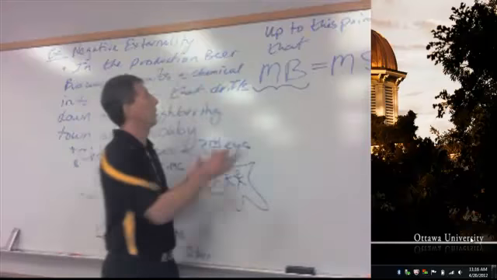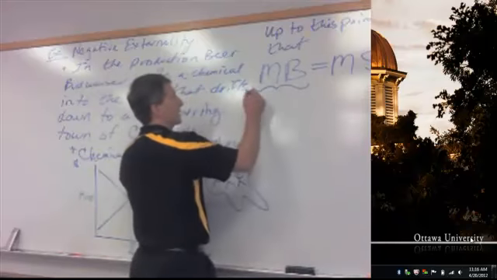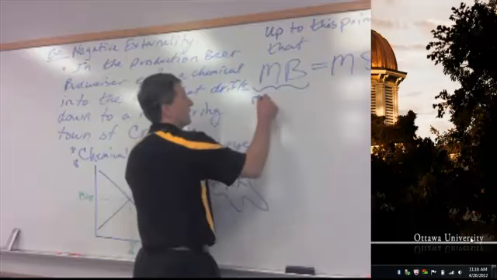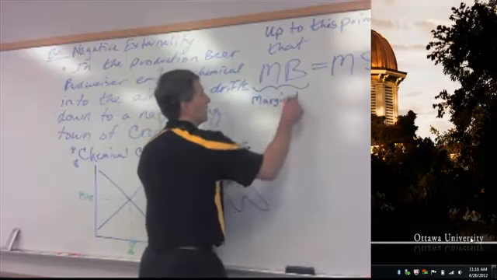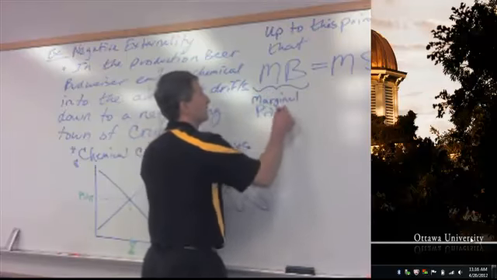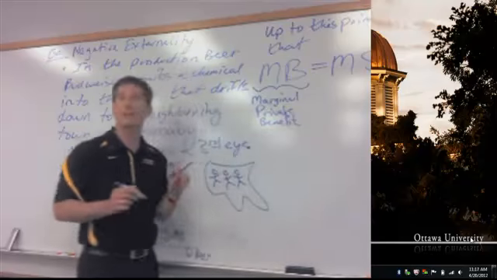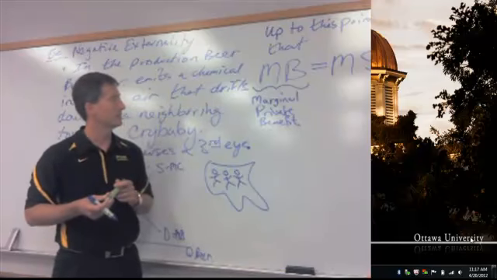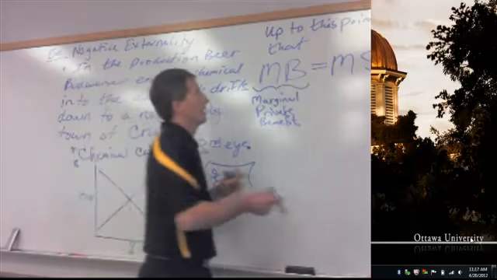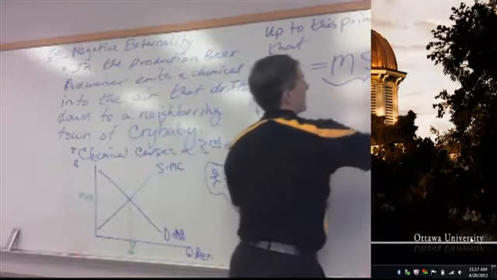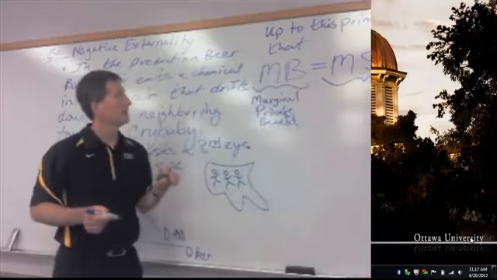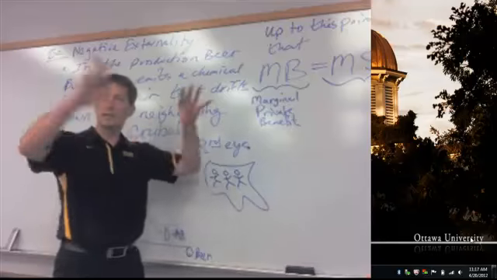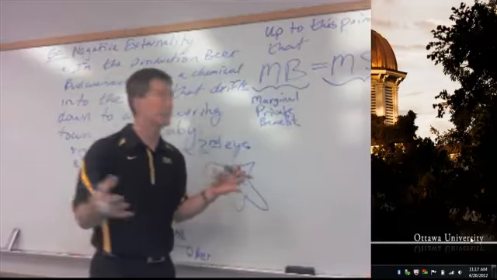All right, so this MB curve that we've been talking about can be thought of as the marginal private benefit. These are the people directly related to the transaction. The social benefit takes into account all people in society.